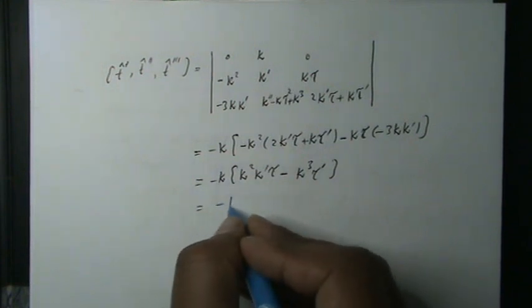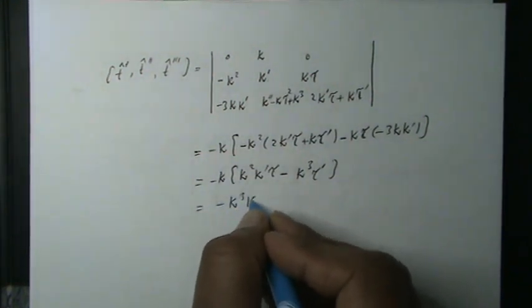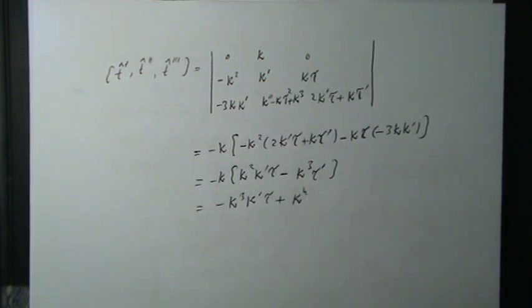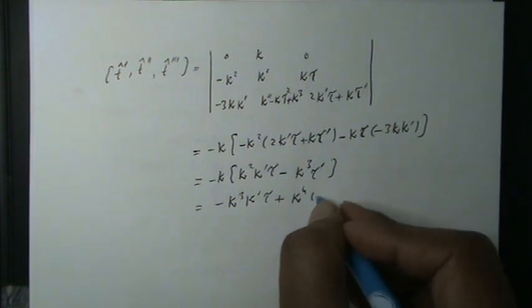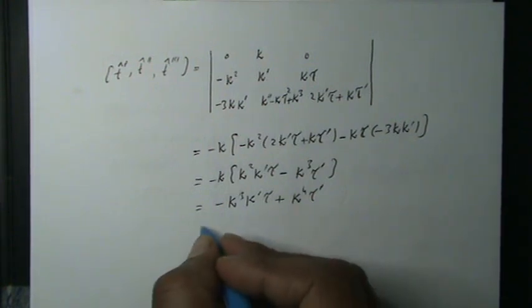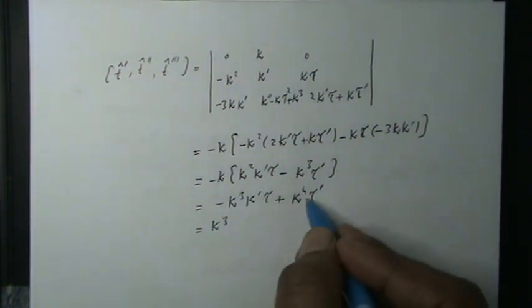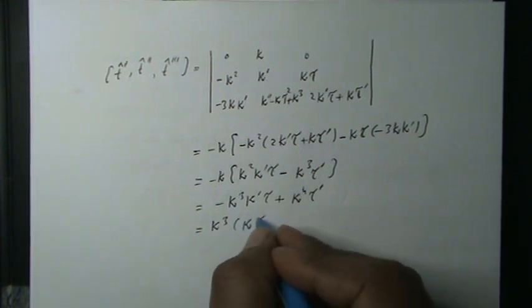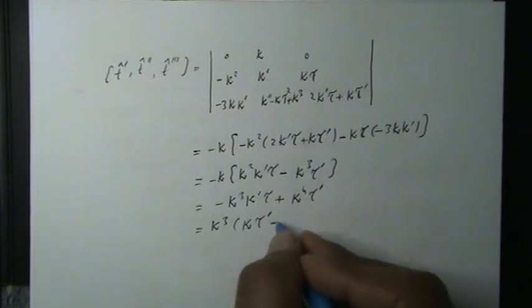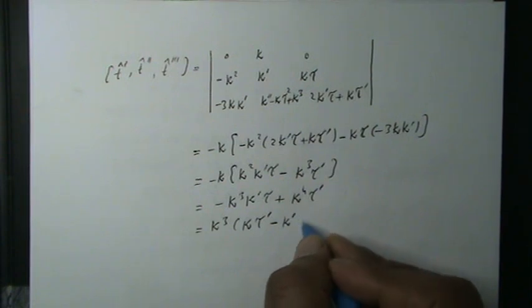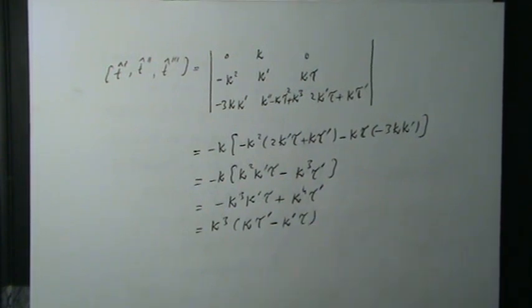Multiplying by kappa, minus kappa cube kappa derivative tau plus kappa raised power 4 into tau dash. It can be written as kappa, taking common positive term first, kappa tau derivative minus kappa derivative into tau.